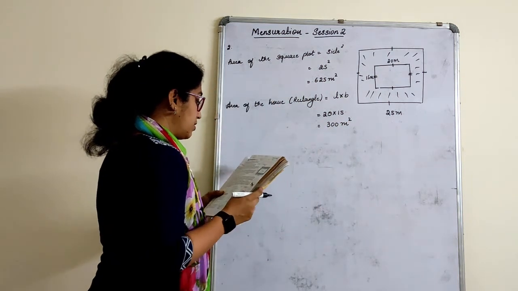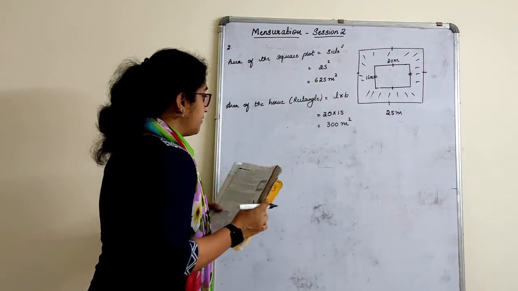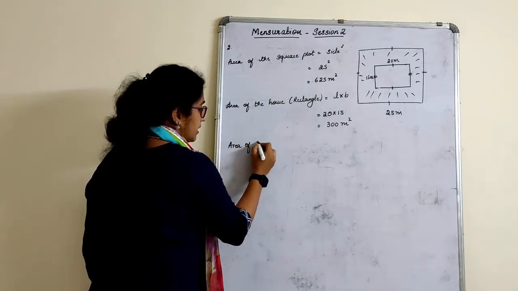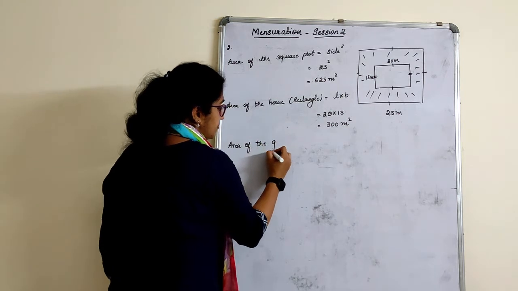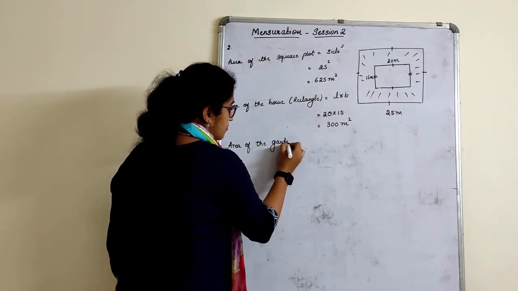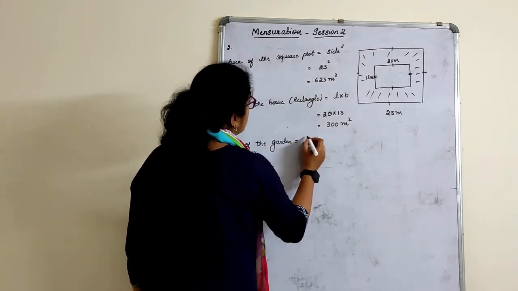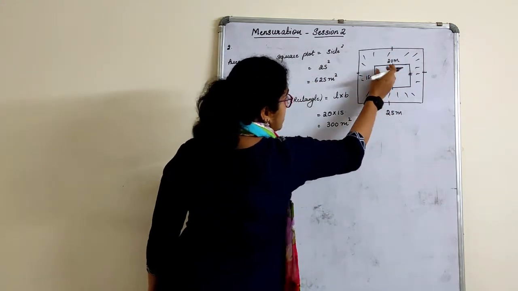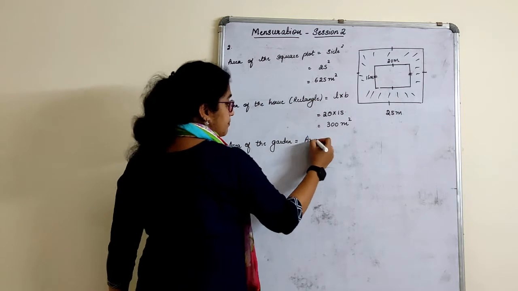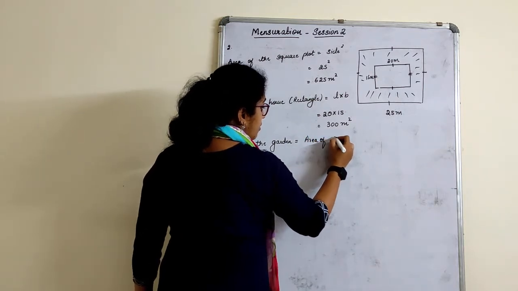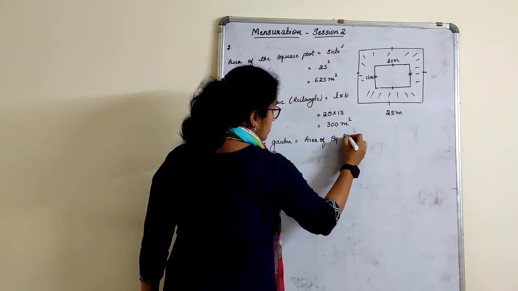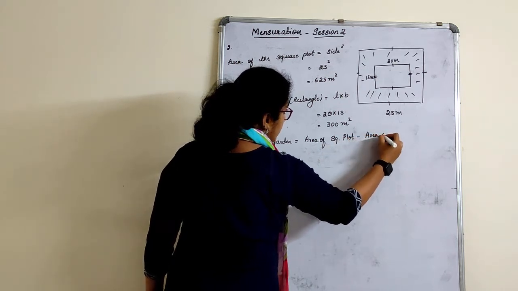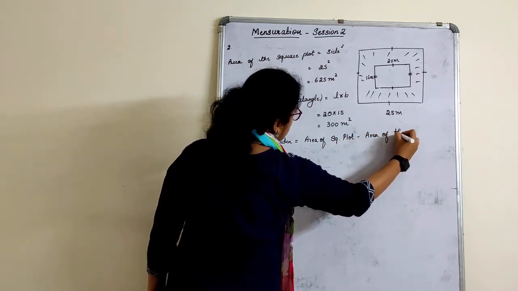What have they asked now? Then a garden is developed. Area of the garden is equal to area of the whole minus this. If I do that, I get the area of the garden: area of square plot minus area of the house.